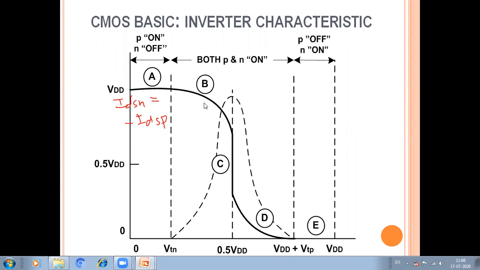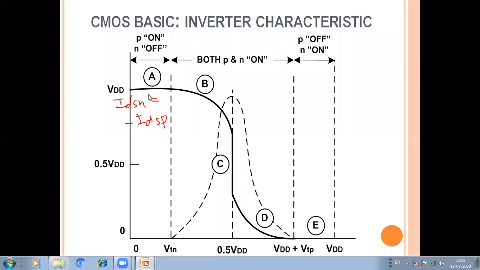In region B, the input voltage is between VTN and 0.5 VDD, that is VDD by 2, right? That is, greater than the threshold voltage and less than VDD by 2. In this region, the N device is in saturation while the P device is in the non-saturated region.